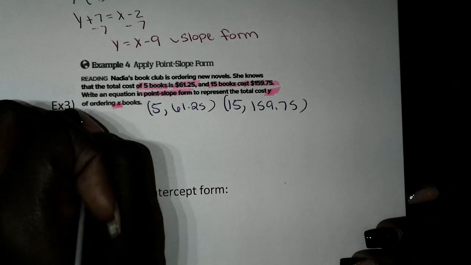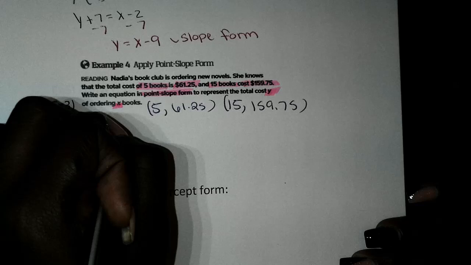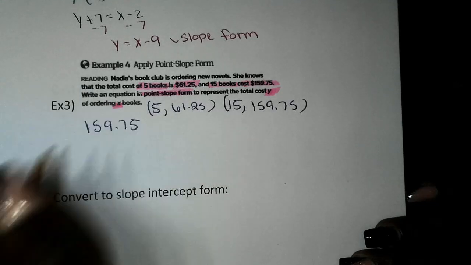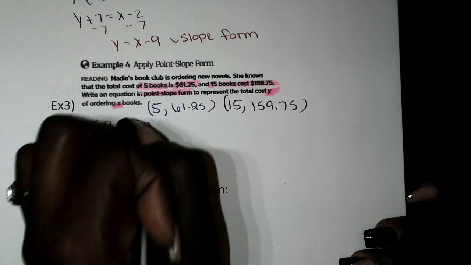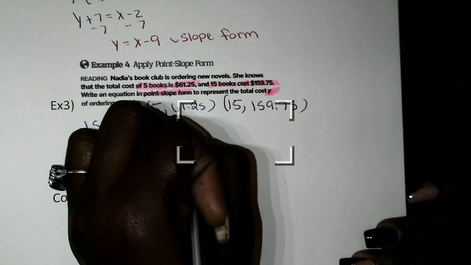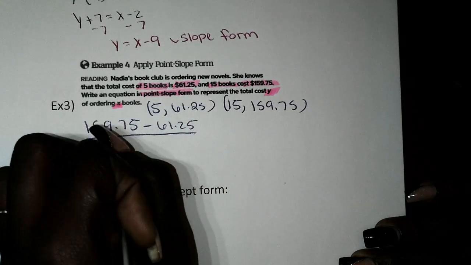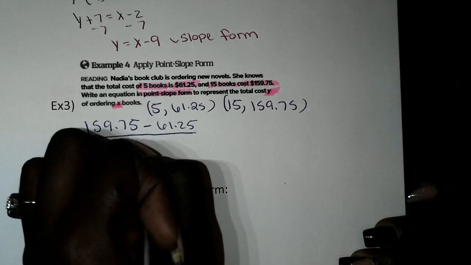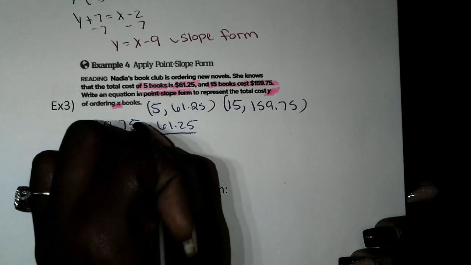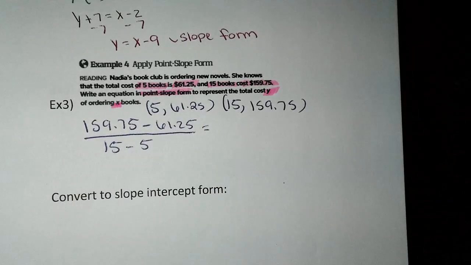So that becomes 159.75 minus 61.25 divided by 15 minus 5. And always remember, you always have your calculator.